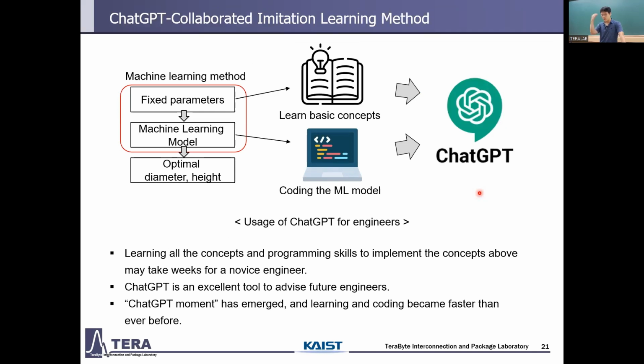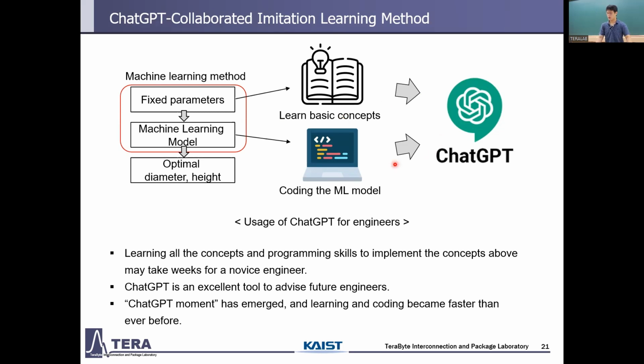While using this imitation learning method, I was collaborating with ChatGPT. Of the 3 steps that I shortened in the previous slides, ChatGPT can help me learn the basic concepts of signal integrity, power integrity, TSV, hybrid bonding, all those concepts.